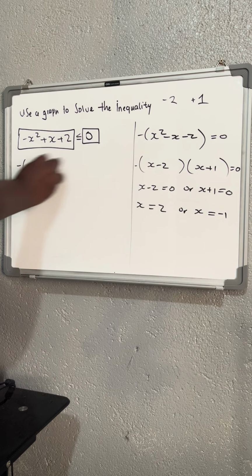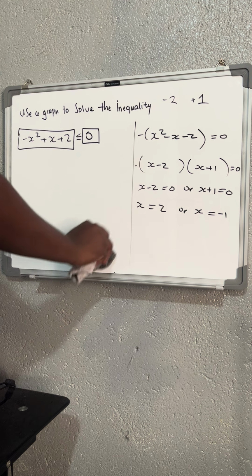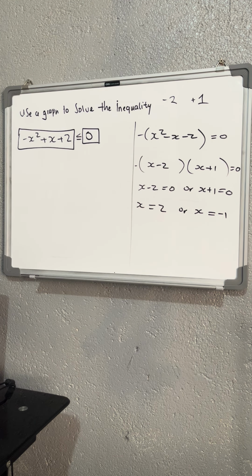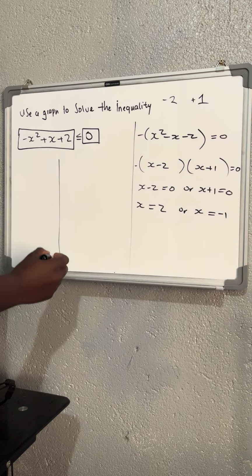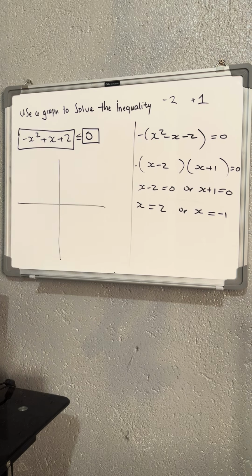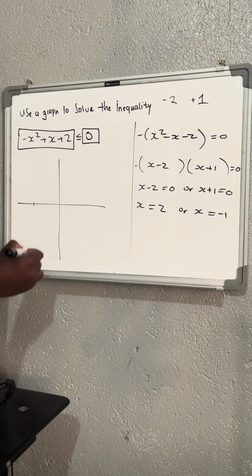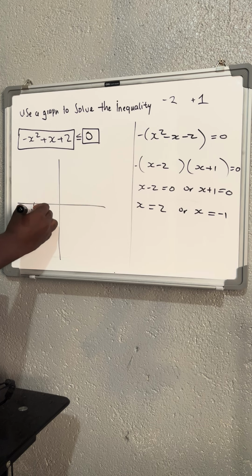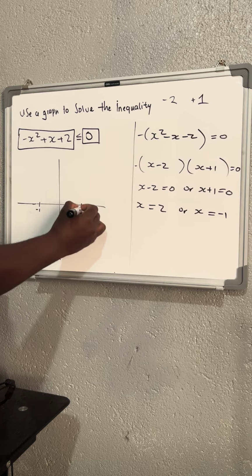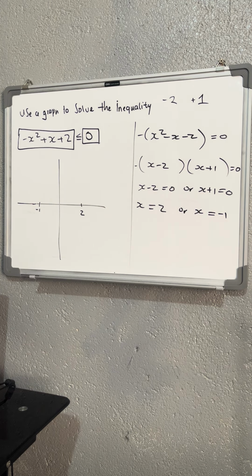So I'm going to continue this side and try to draw the graph. So we've worked out the x values. Let's say here we have the minus 1, then this side we have the 2.